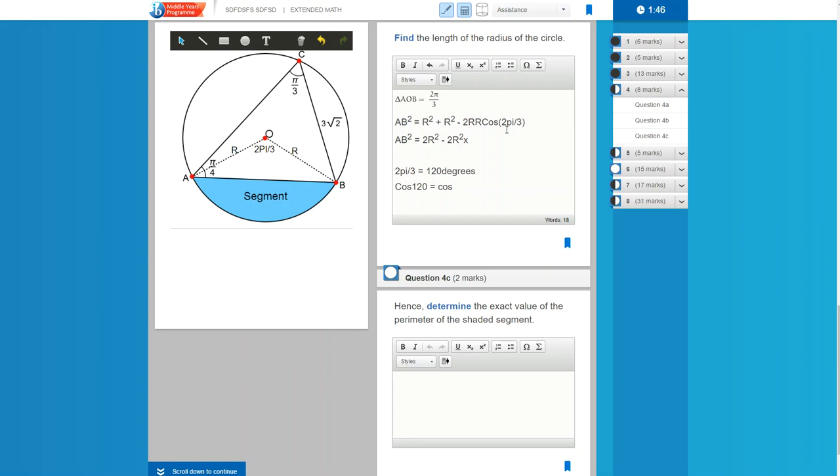Yep. And thinking back to our triangle, 60, 30, 90, where I've got 1, 2, root 3. Cos of 60 is a half. So negative cos of 60, which is the same as cos of 120, is negative a half.